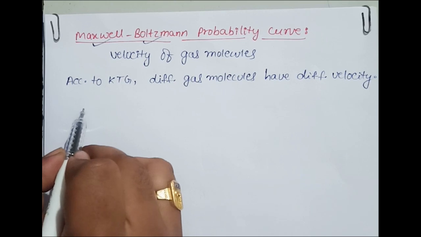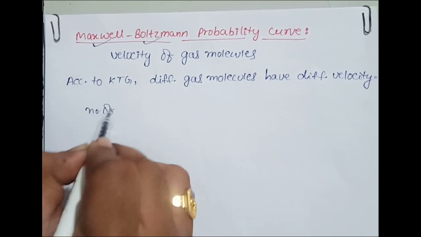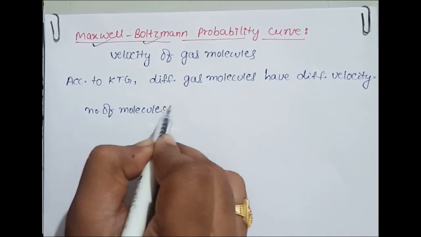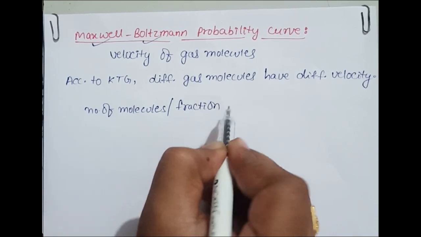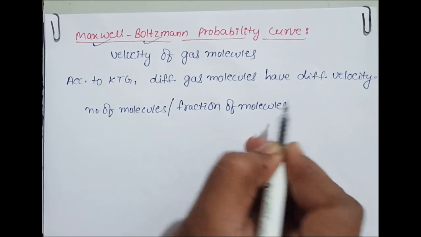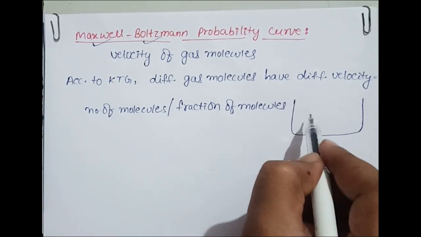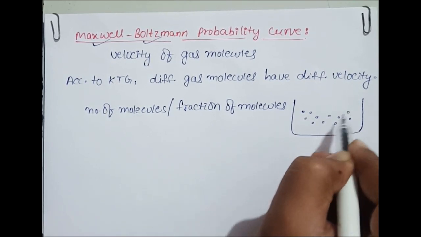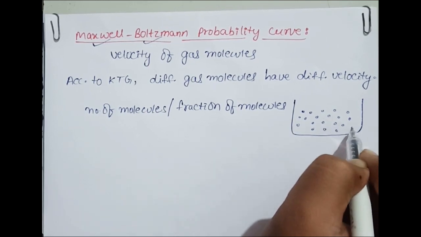They have taken the number of molecules or fraction of molecules. I'll explain this in detail. You see, fraction of molecules. Here, if you take a container, this is a container, right? There will be a large number of molecules, let us say infinite number or 1 mole of molecules.